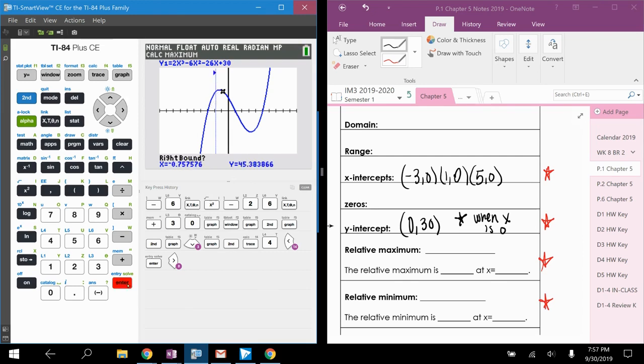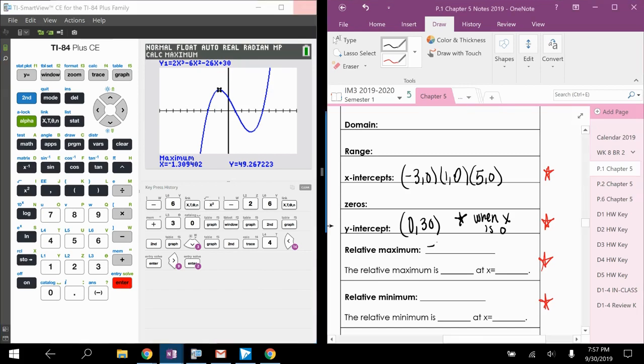Again, it doesn't have to be perfect. It says, do you want me to guess? I do want you to guess, calculator. So let's see what it gives us. It says we have a relative max at negative 1.3, 49.3 technically if you round it, or 49.2. It really doesn't matter.